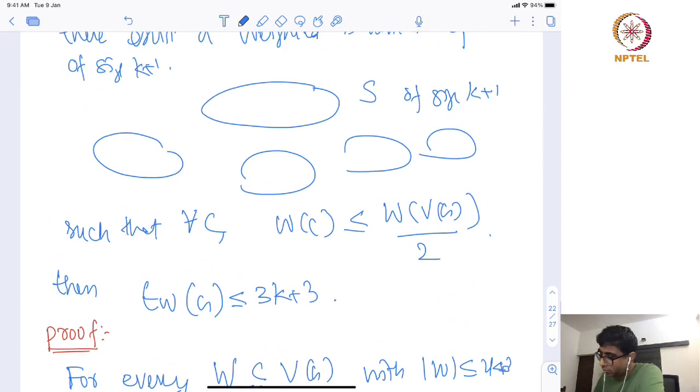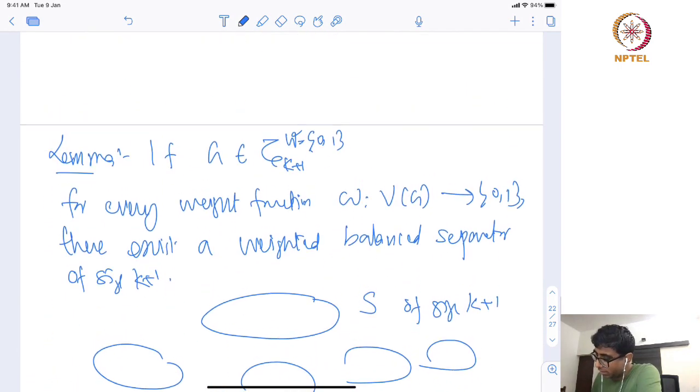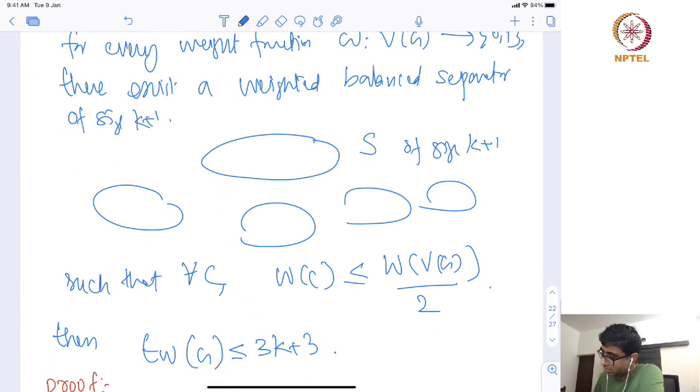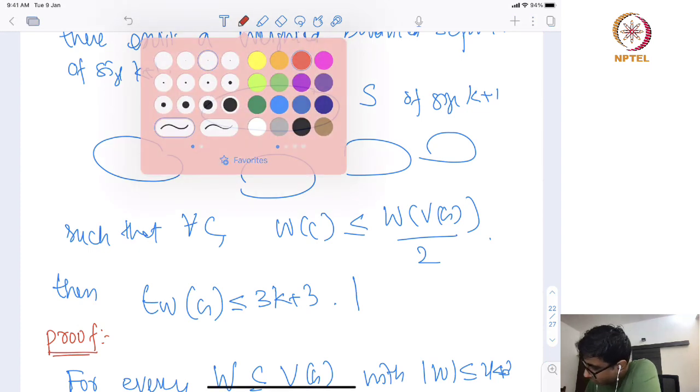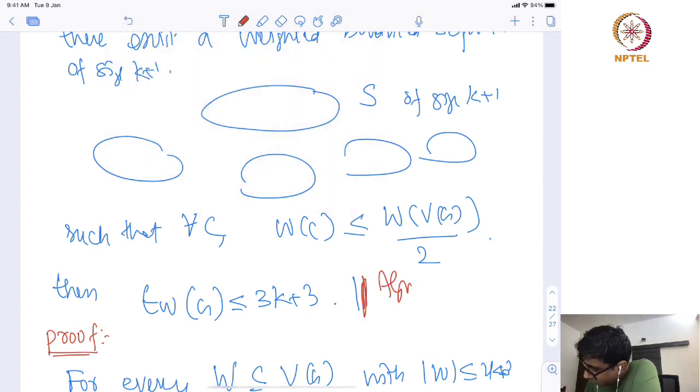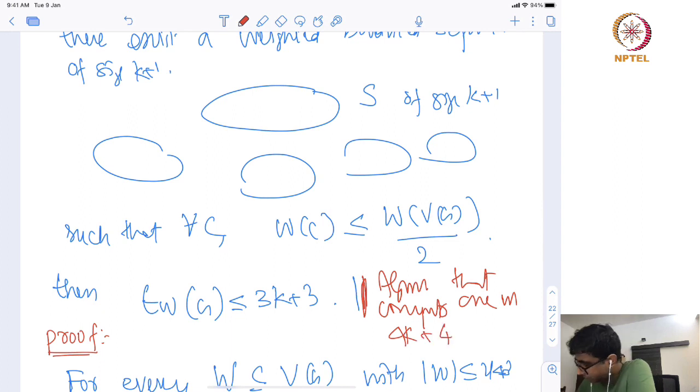Okay. So now this is the same thing. This is true. But now I'm going to give you an algorithm that computes one with 4k plus 4.